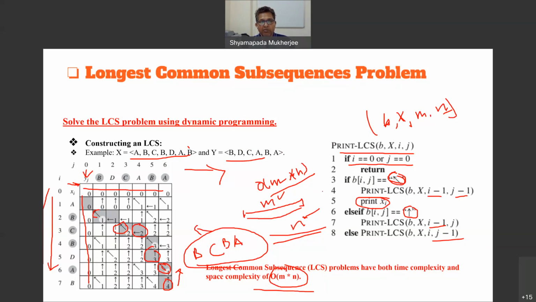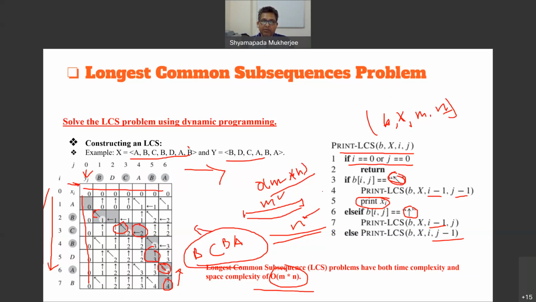One is the optimal substructure property, and another is the overlapping subproblems property. These are the two characteristics you must observe, then you can apply dynamic programming.